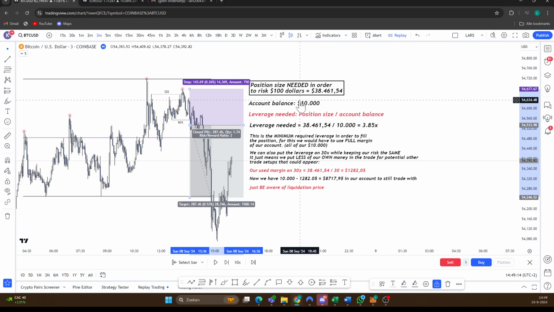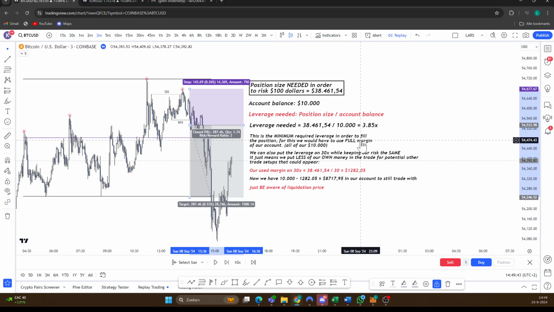Okay? So, our account balance is 10,000. We need 38,000. The leverage we need is therefore we just divide our position size by our account balance. So the leverage needed is dividing your position size by your account balance. So dividing it, you get 3.85x. So the minimum required leverage, in order to fill your position, we would have to use full margin.